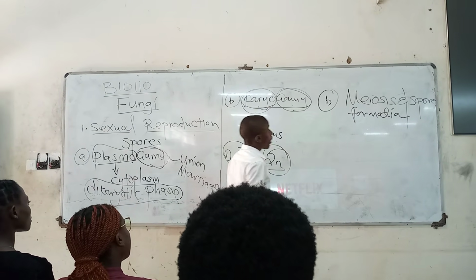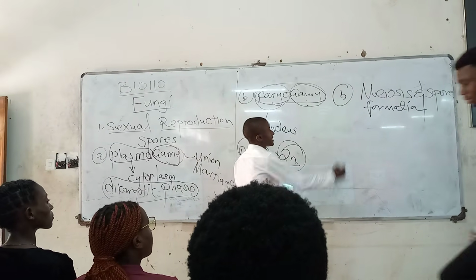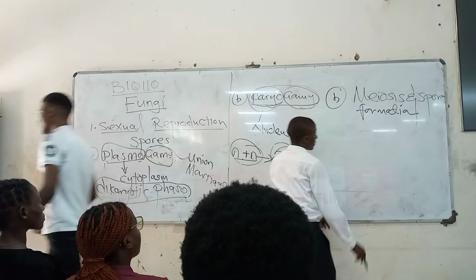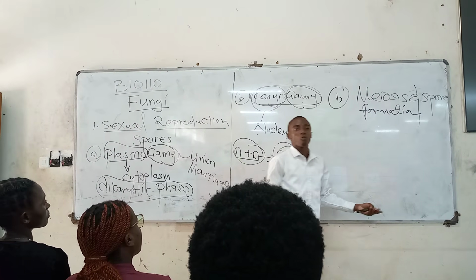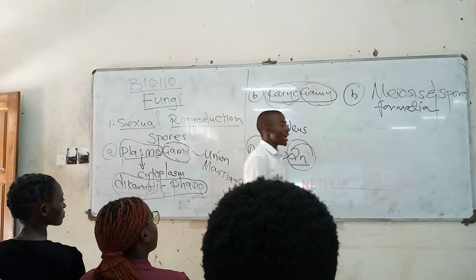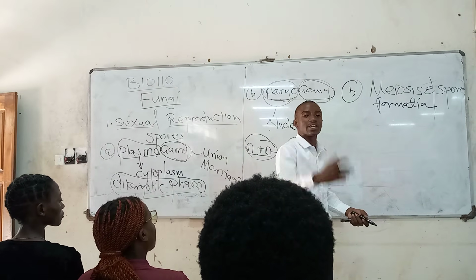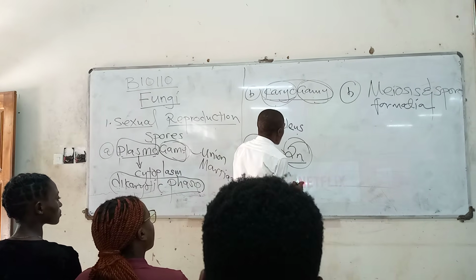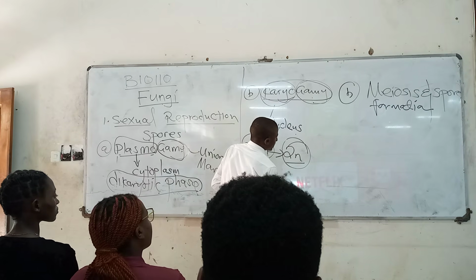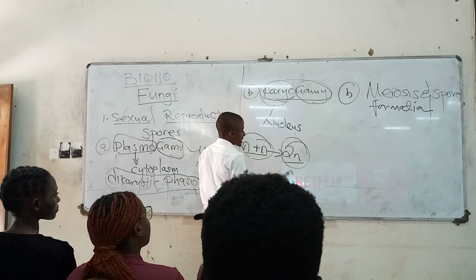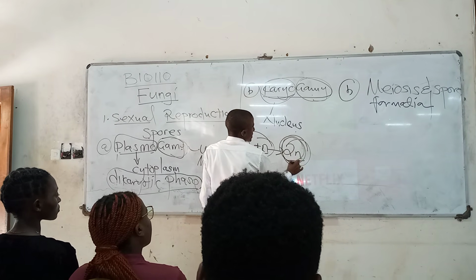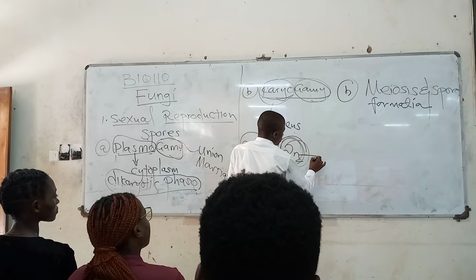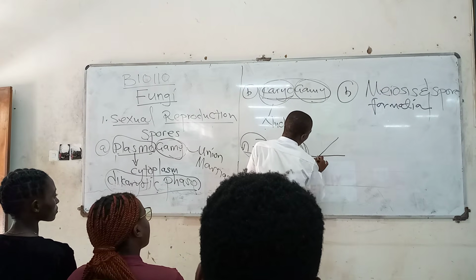Under this last stage, meiosis is going to take place. So what is meiosis? Meiosis is just the type of cell division where four haploid daughter cells are produced. We know from when we learned about genetics that when these diploids divide, they produce four haploid daughter cells.